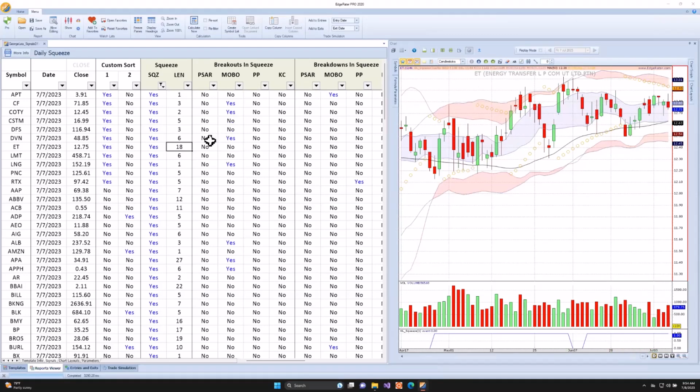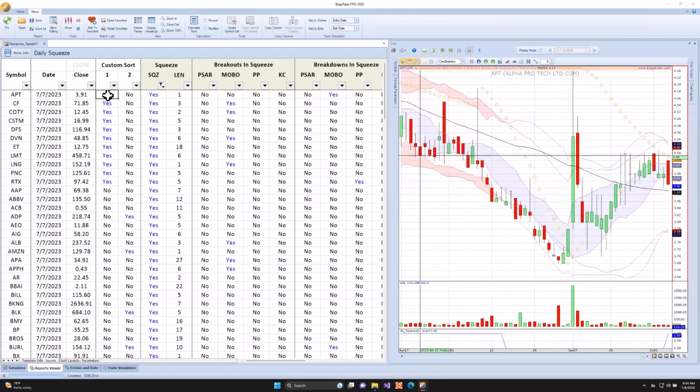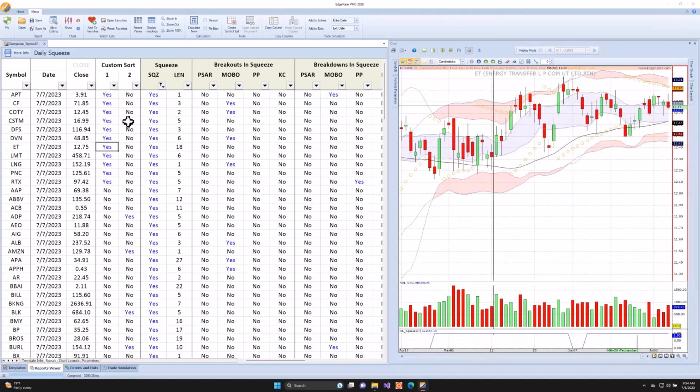So one thing we have here is a custom sort. Custom sort 1 is the default. So everything that has yes in custom sort 1, and that does include ET, is something that's in a squeeze where prices are within 2% of the PSAR, meaning that this is going to go on your watch list, because if there's a PSAR flip, that's a significant event and a potential trade entry.